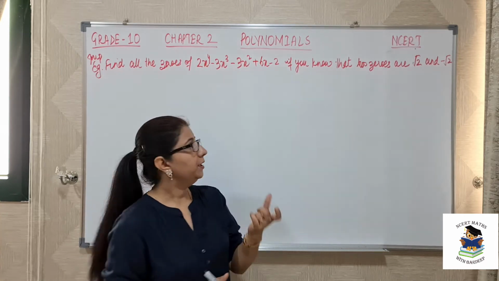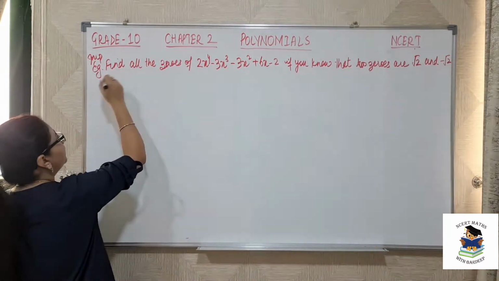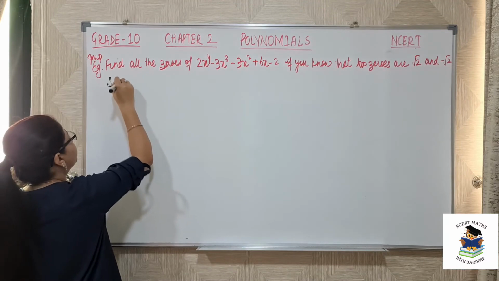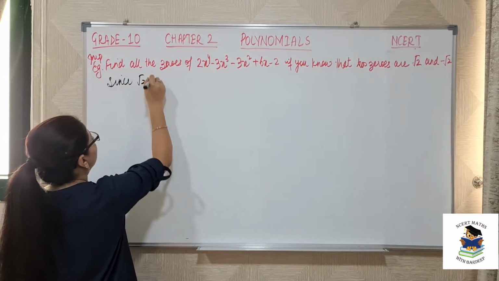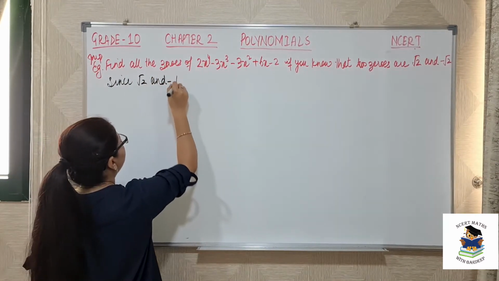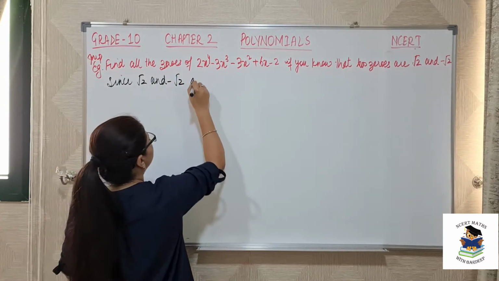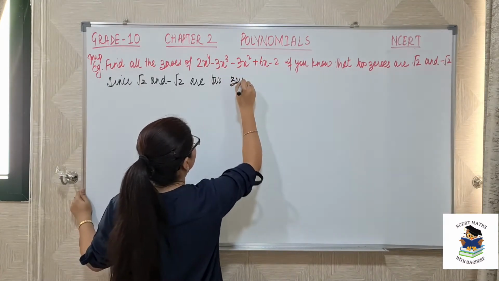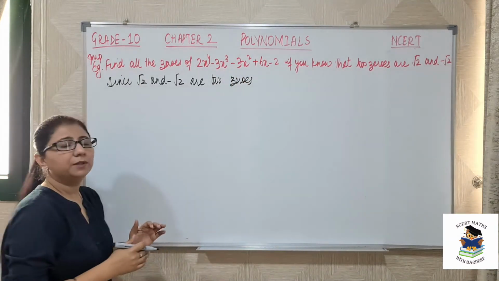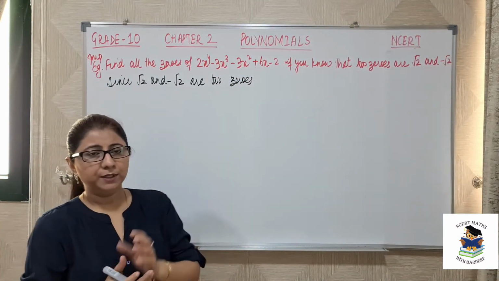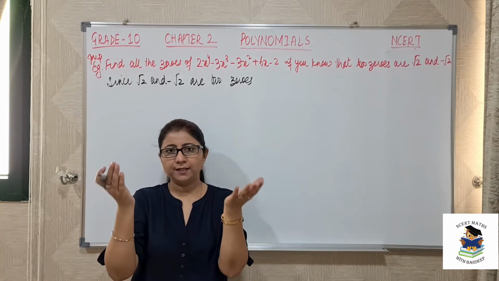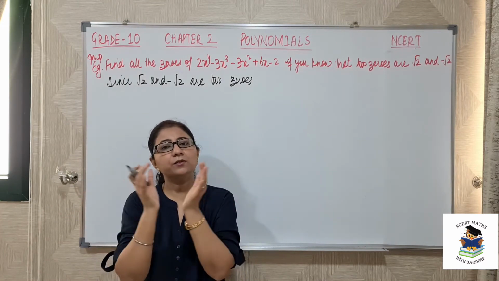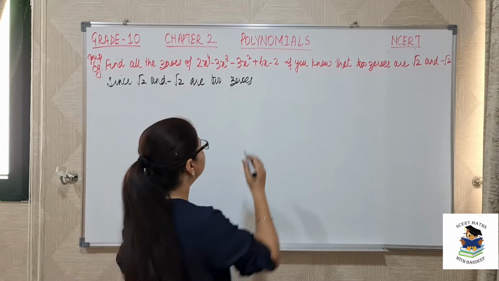Since root 2 and minus root 2 are two zeros of the polynomial, if some number is a zero of your polynomial, that means x minus that number or that zero is a factor of your given polynomial.